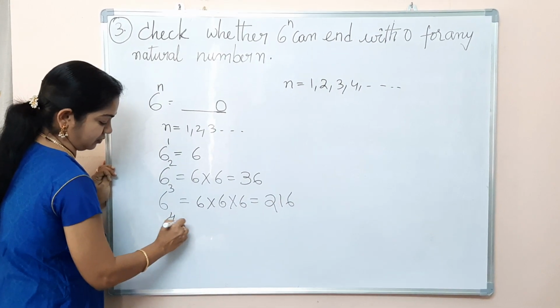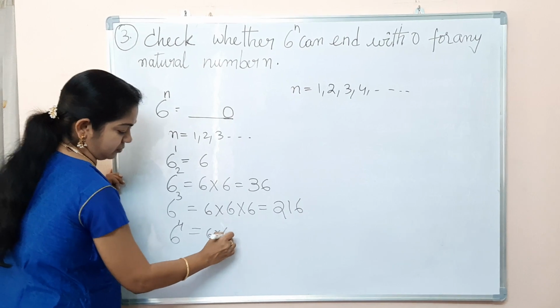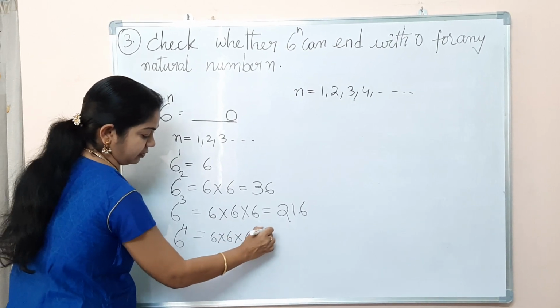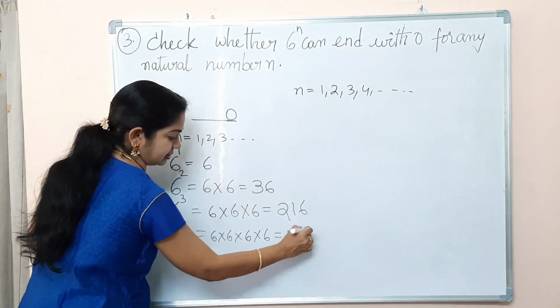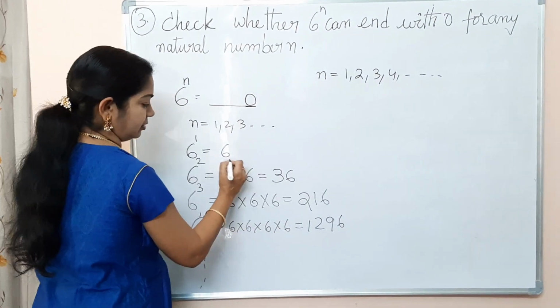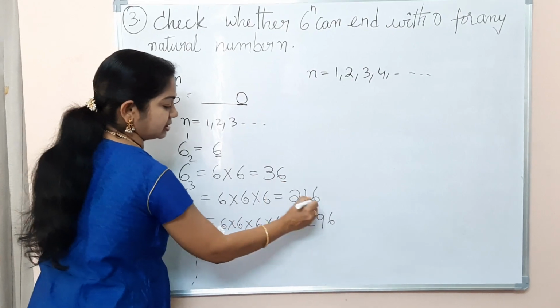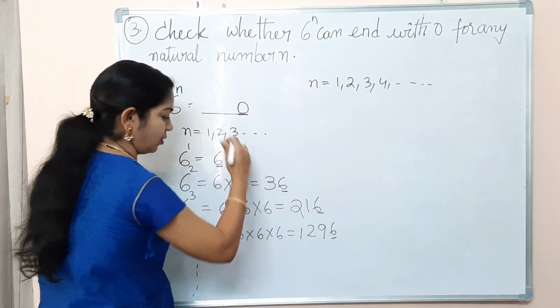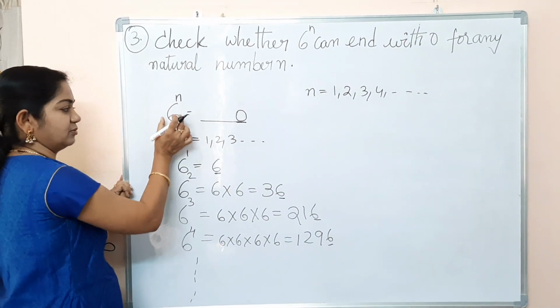And n value is 4: 6 to the power of 4 comes to 1296. See, likewise you can take. So observe here, the last digit is 6 in all the cases of 6 to the power of n.